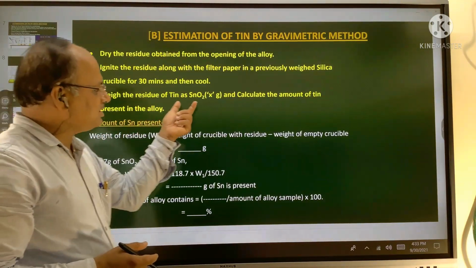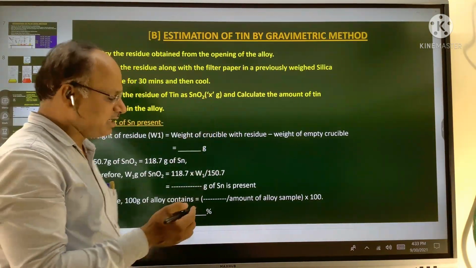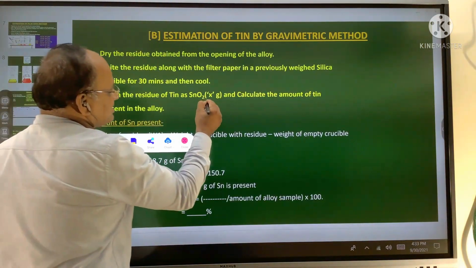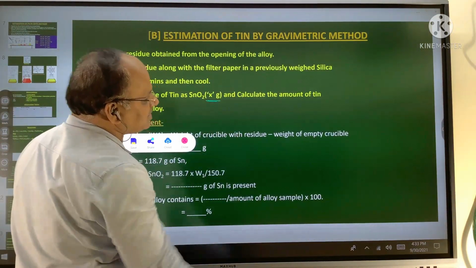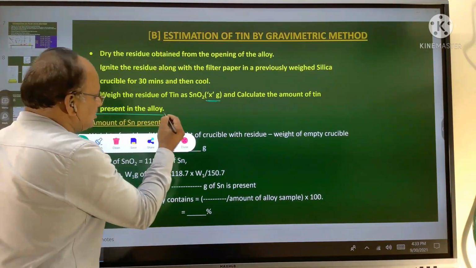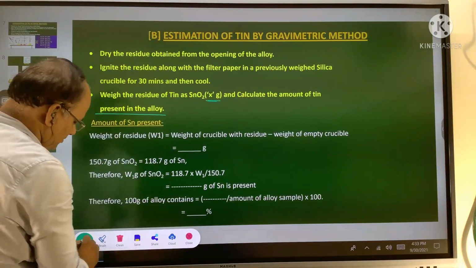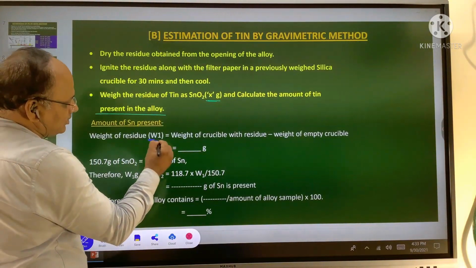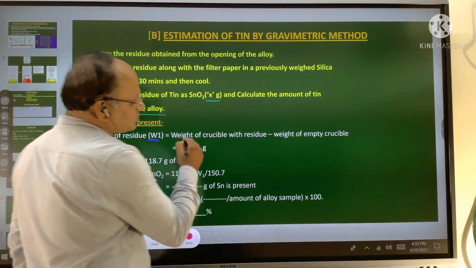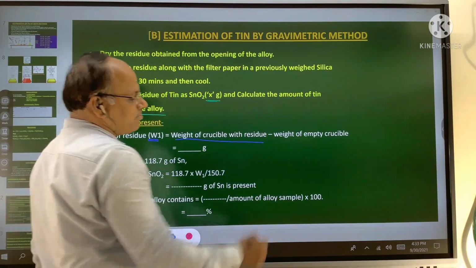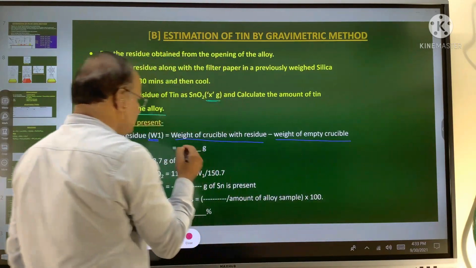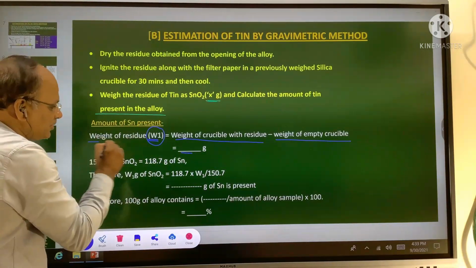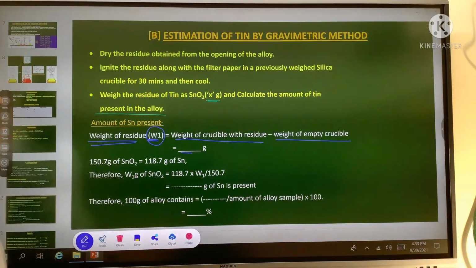Weigh the residue of the tin as SnO2, considered as X, and calculate the amount of the tin present in that alloy. Here the weight of the residue is considered as W1 gram. Weight of the crucible with the residue minus weight of the empty crucible gives you W1 gram, the weight of the residue.